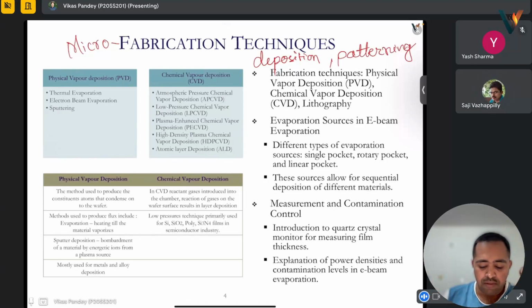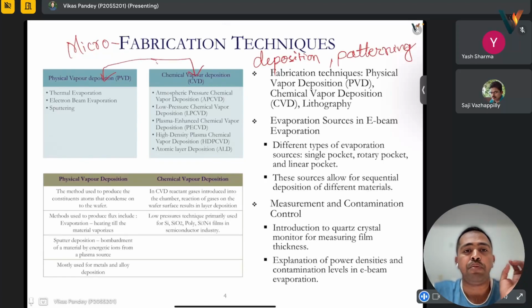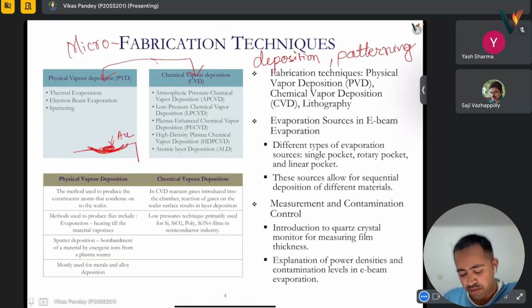So deposition techniques, roughly we can divide into two: physical vapor deposition and chemical vapor deposition. In physical vapor deposition, no chemical reaction is taking place, but the material itself changes phase and gets deposited. Like we have a crucible. Suppose we put gold in this and heat it electrically with very high power.